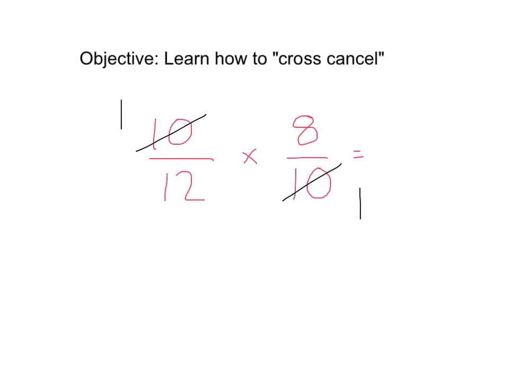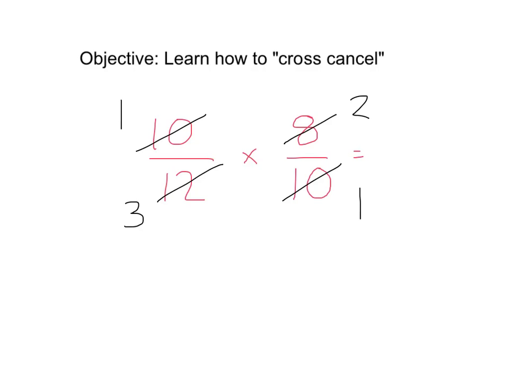So now they just become 1s. Next, I'm going to look at the denominator of my first number with the numerator of the second and find a number that can go into both 12 and 8. And the first number that comes to mind is 4. So 12 divided by 4 is 3, and 8 divided by 4 is 2.